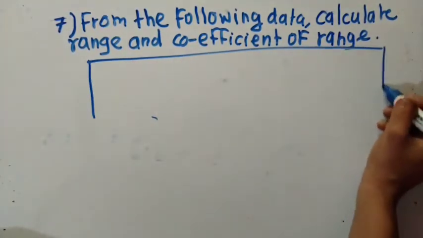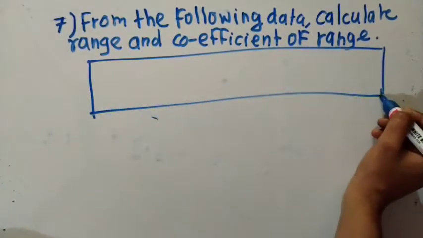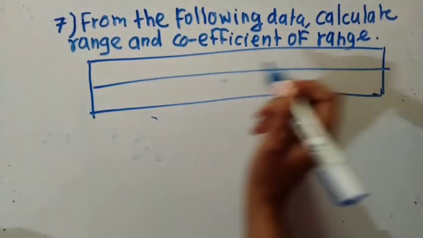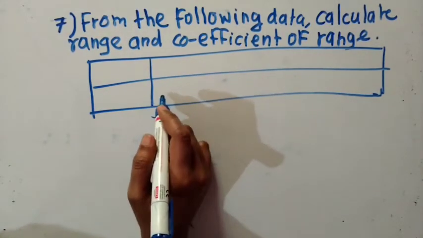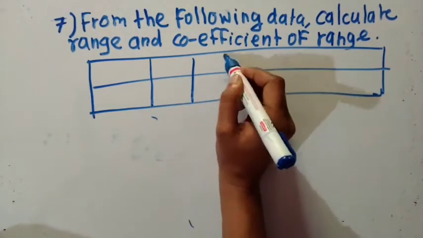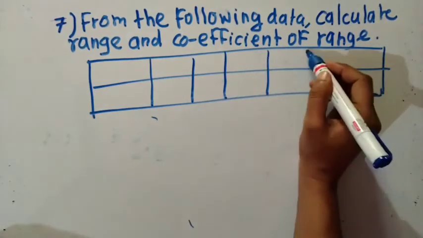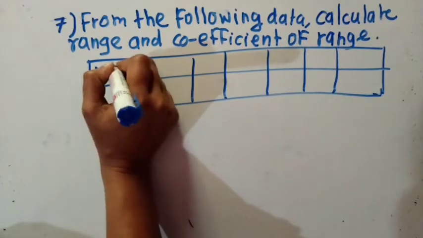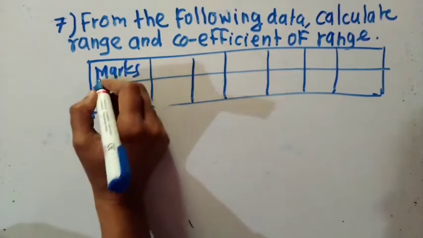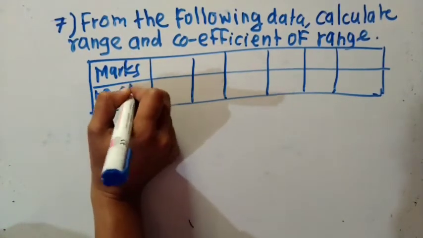So first upon we draw this chart. One, two, three. Here marks, and this is number of students.